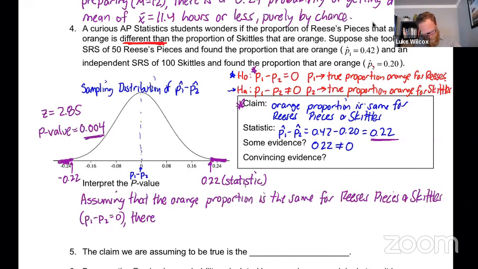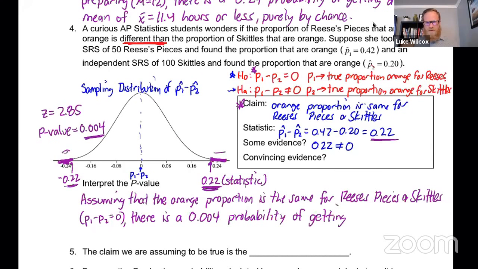There is a 0.004 probability of getting, now let's look at our picture here, of getting this or greater or this or lower. So we have to accommodate for both sides of this distribution here.